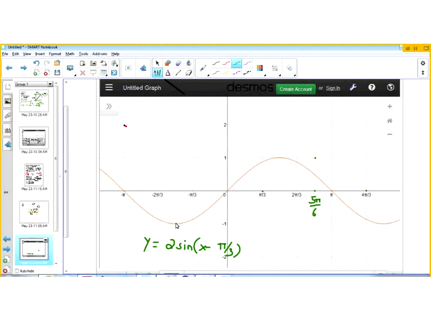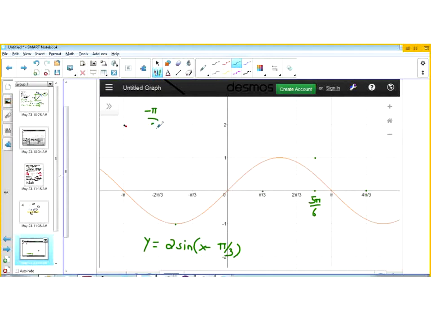Okay, so where does this trough value occur? This is negative pi halves right here, so we have to add π/3 to negative pi halves. That would be negative 3 pi over 6 plus 2 pi over 6, so we would have to shift this output to negative pi over 6. All right, let's check.